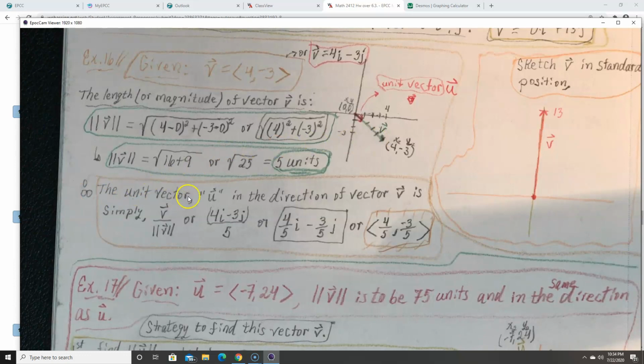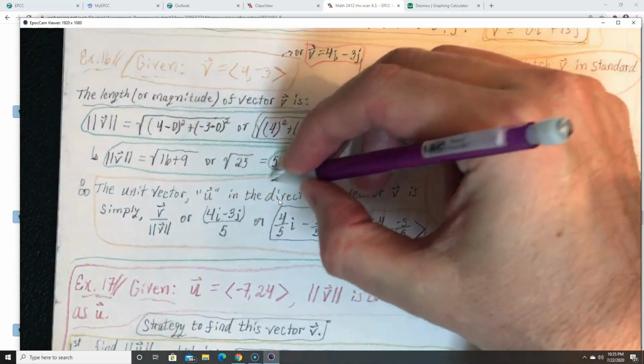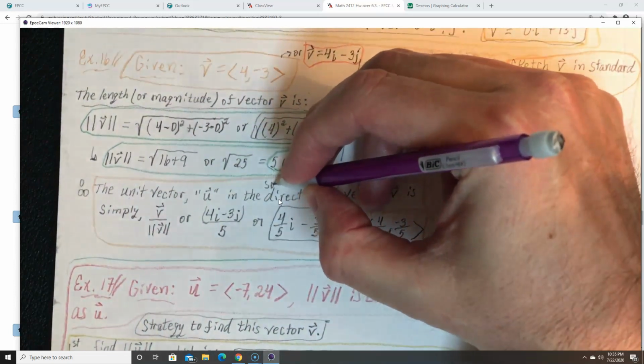So therefore the unit vector, whatever they want to call it, in this case vector u, in the direction of vector v, you don't have to write it, because as soon as you say direction, that's what it means.